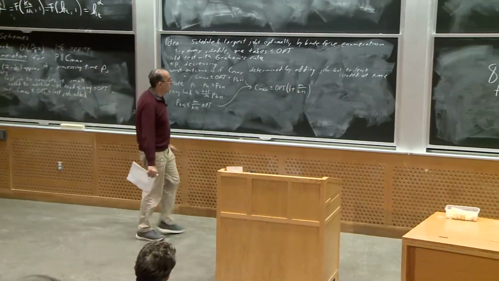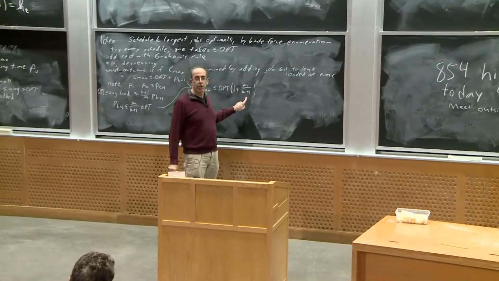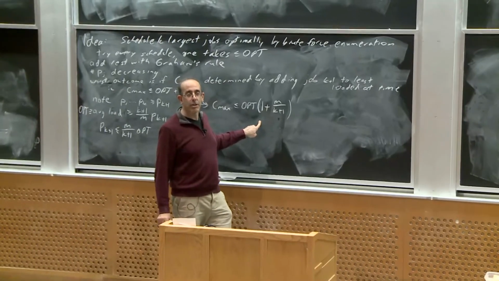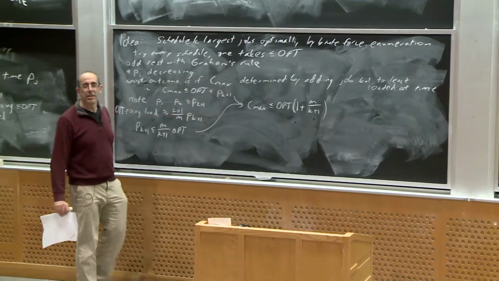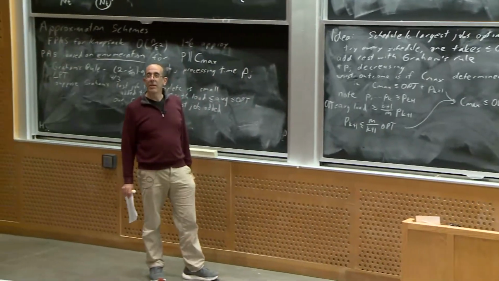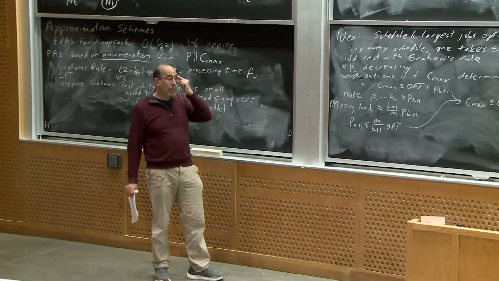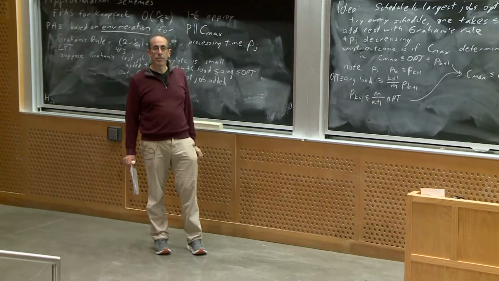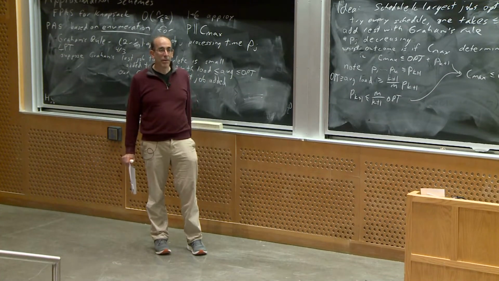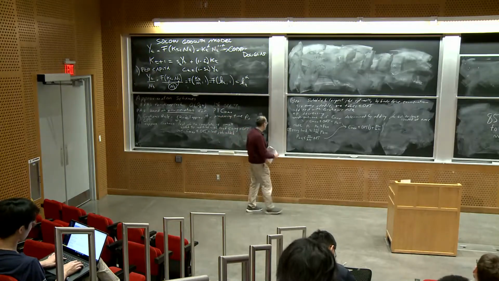Well, what it means is that as we make k bigger and bigger, we get a better and better approximation to opt. But what's the downside of making k bigger and bigger? Right. The problem is the runtime.